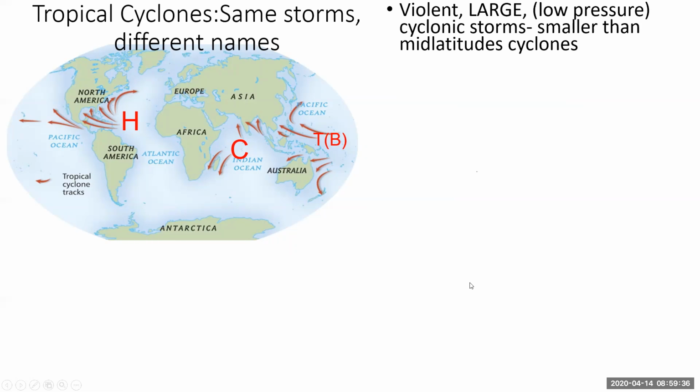Remember, cyclonic means low pressure, cyclonic storm. In some cases they tend to be smaller than the mid-latitude cyclone that I was talking about earlier, but because they are moving on water, they pick up a lot of energy from the water, especially in the summer when the water is really warm, and they pick up intensity.